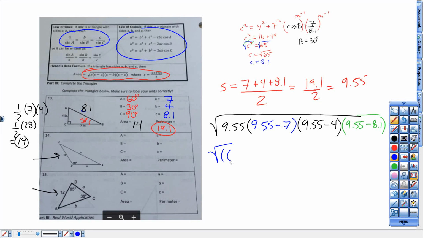So that's about 14. But realistically, no one in their right mind would ever use that.